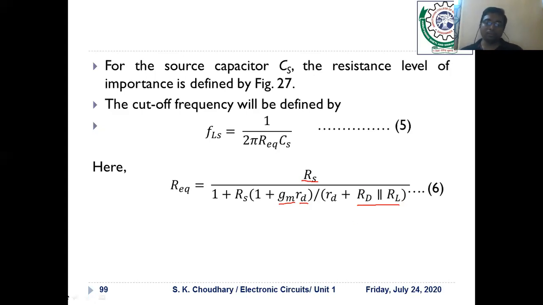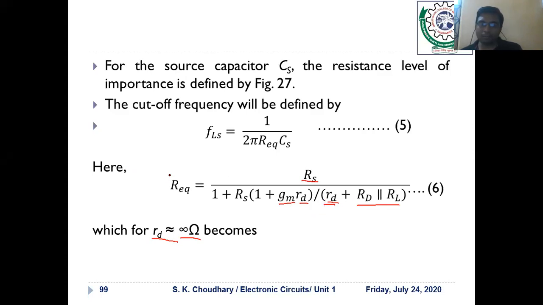What we assume is that this RD, the finite output resistance of the MOSFET, is considered to be in the ideal condition, very large, or ideally infinite. If you consider this value for RD, then what happens?